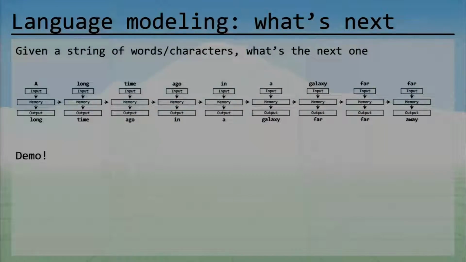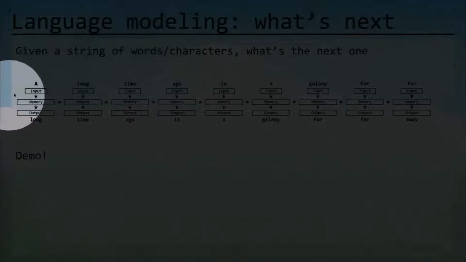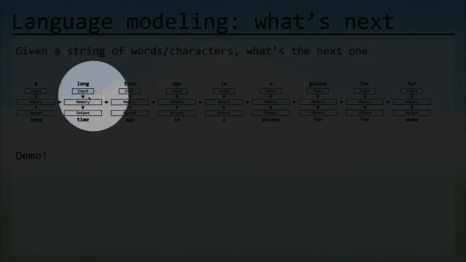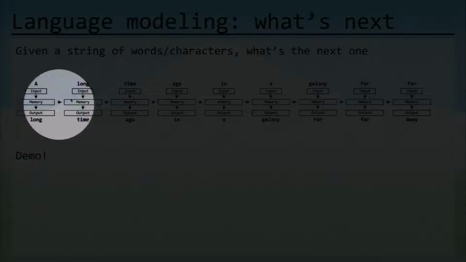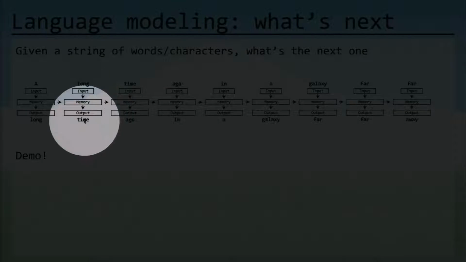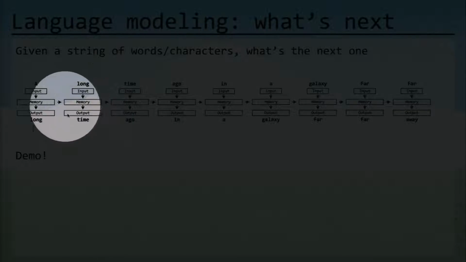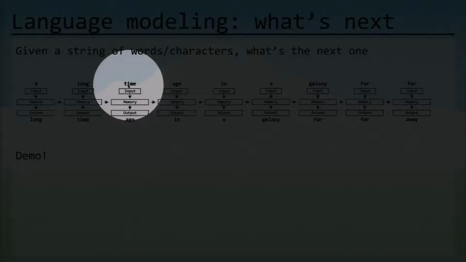One interesting thing that you can do with a model like this after you've trained it is feed in some word or character, and the model will make some prediction. You can take whatever word it predicts and feed it in as input again, and the model will make a new prediction, and you can feed that output into the model again.